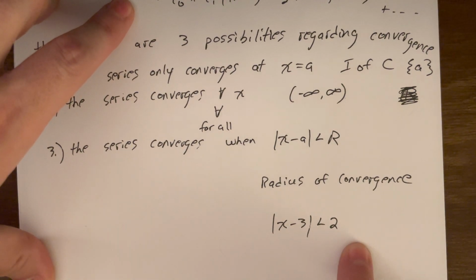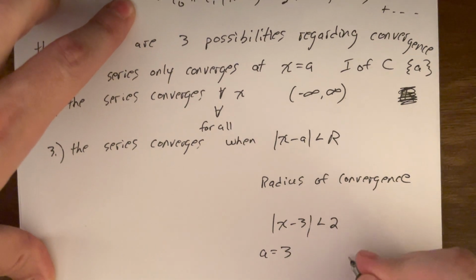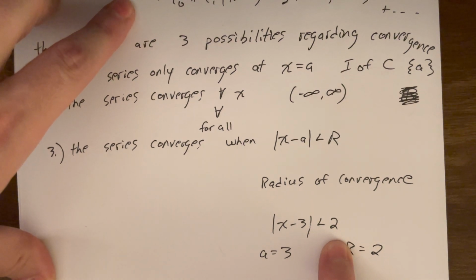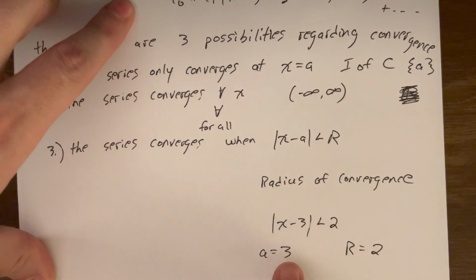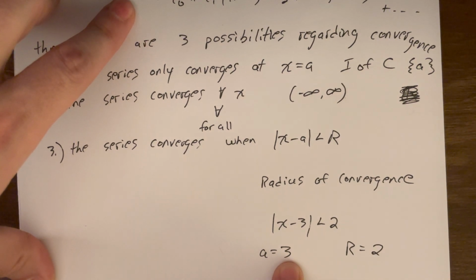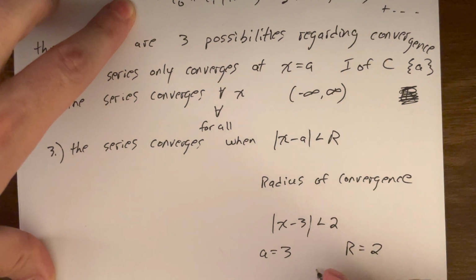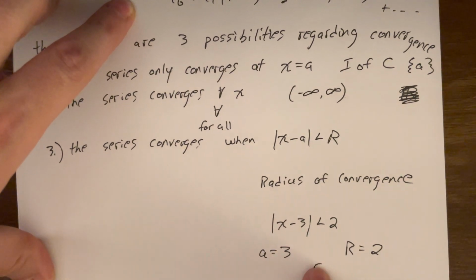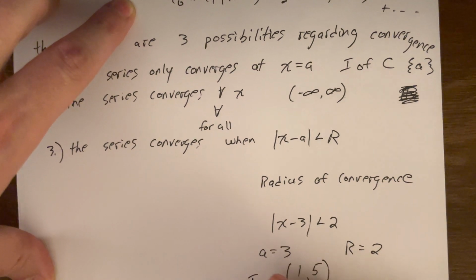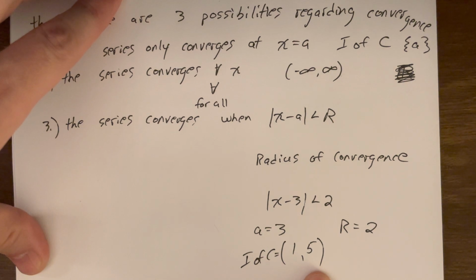So in this situation, I already know the center is 3 and the radius is 2. So with that same understanding, centered here, the distance you could go away from here and get convergent values is 2. So 2 units bigger than 3 would be 5. 2 units less than 3 would be 1. That would be your interval of convergence.